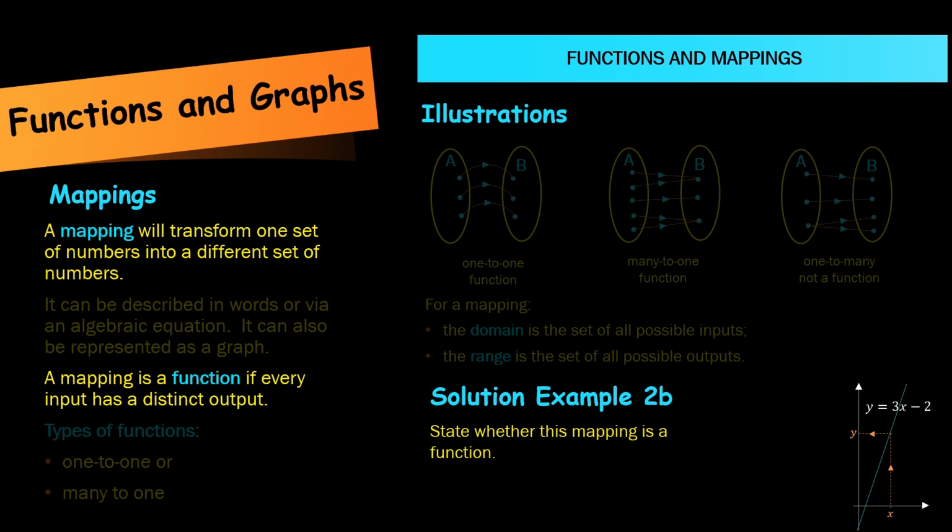Now let's take a look at whether this mapping is a function or not. Remember that a mapping is a function if every input has a distinct output. This is indeed the case for this example. Therefore, the mapping is a function.